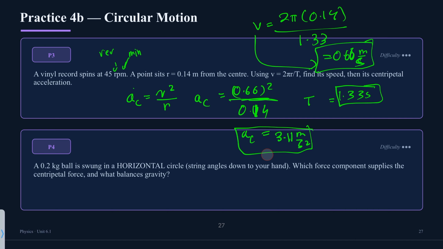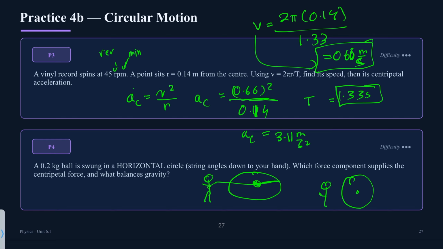Now your last question here. A 0.2 kg ball is swung in a horizontal circle. Which force component supplies the centripetal force, and what balances gravity? So basically what they're saying here is you're over here, right? And you're spinning this ball, but you're not spinning it this way.